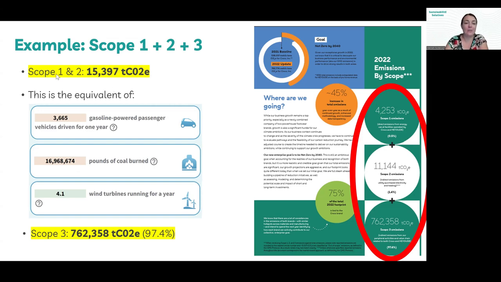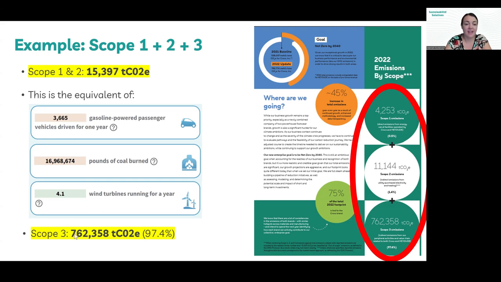But their scope 1 and 2 footprint was 15,400 tons of CO2 equivalent, and this was in 2022. So 15,000 tons CO2 equivalent is roughly 3,500 cars driven around for 1 year, almost 17 million pounds of coal being burned, or 4 wind turbines running for a year.